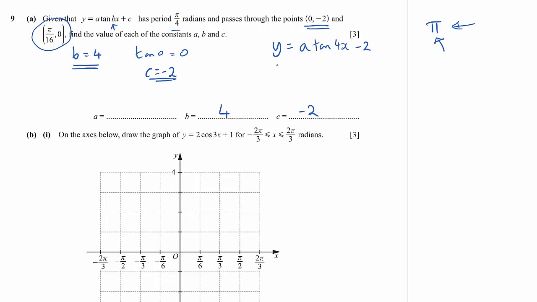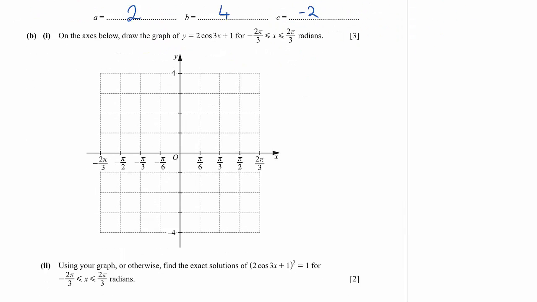So 0 is equal to a tan of 4 times pi by 16, which is pi by 4, take away 2, and tan pi by 4 is equal to 1. So 0 equals a minus 2, telling me that a is equal to 2.